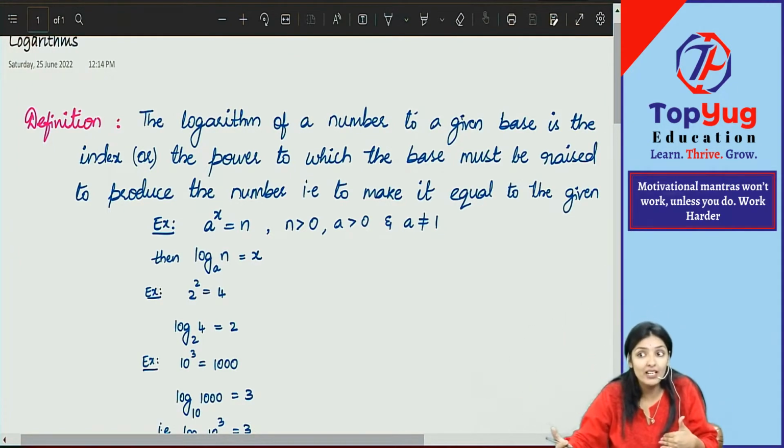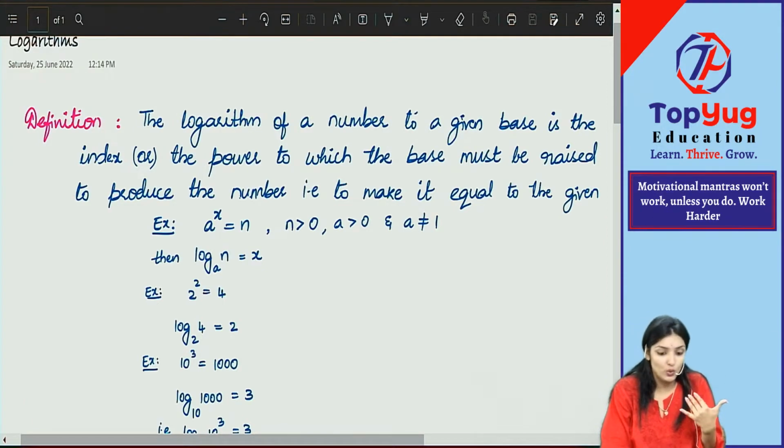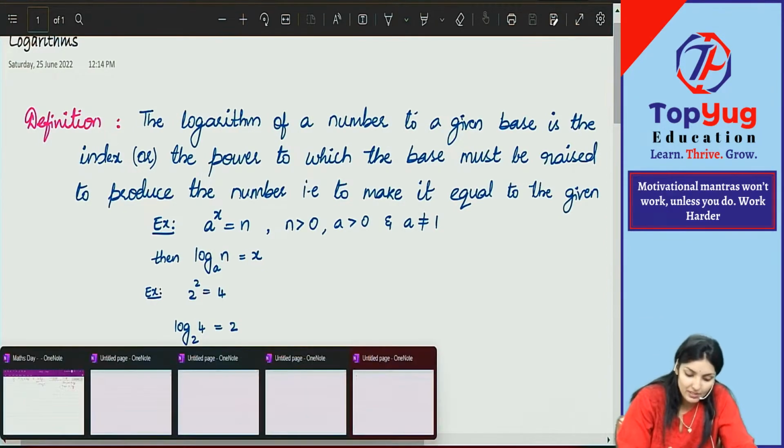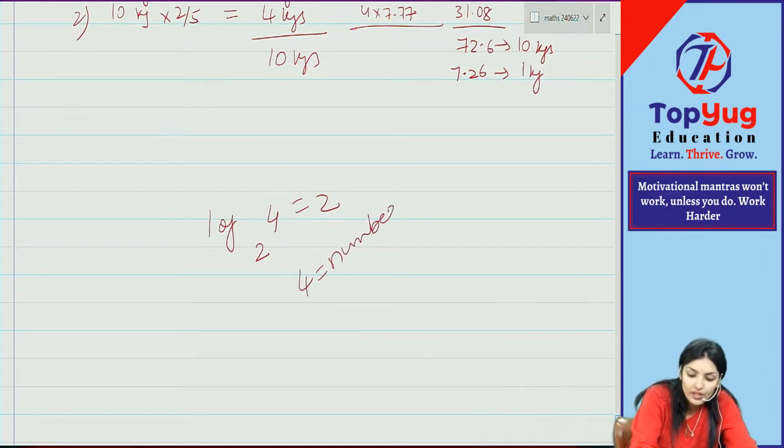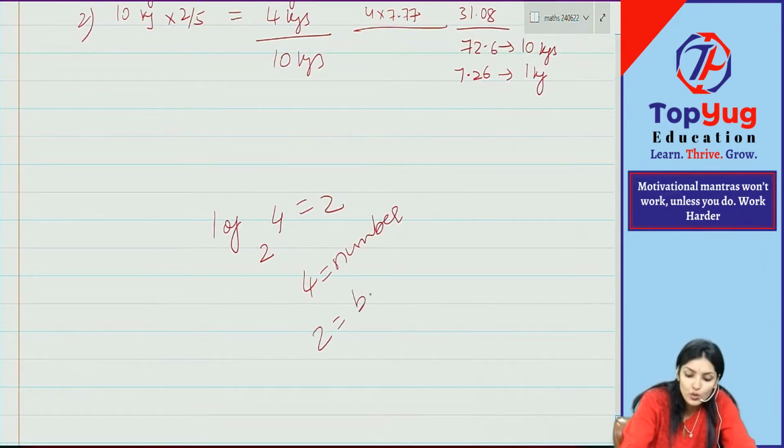That means, I will show you over here, this 4, this 2, is equal to 2, right? What is 4? Number. What is 2? Base. And this 2 is known as power.